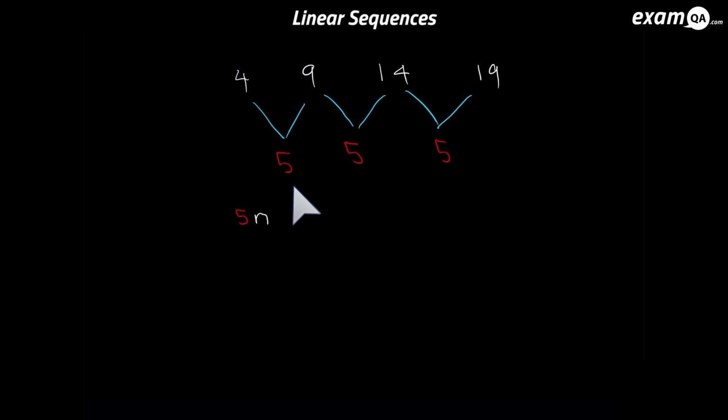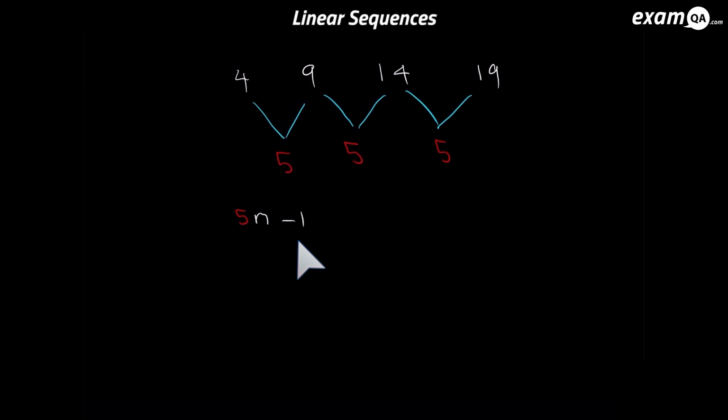So the next thing is to see if there's a number we need to add or subtract to correct the formula. So we can put 1 into this, which will be 5 times 1, which is 5. But the first term is actually 4 and we're getting 5. So we need to subtract 1 to correct it. So we're going to put a -1 by the 5n and we get the formula as 5n minus 1.